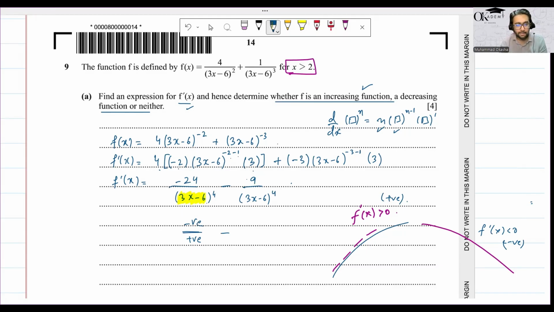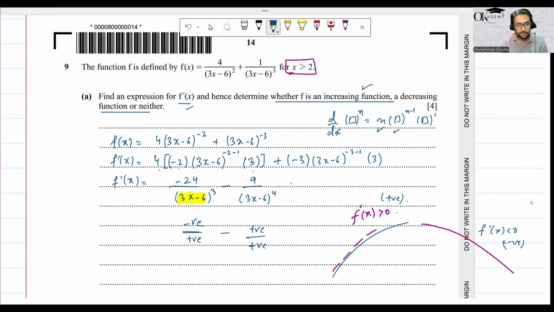Minus 9 stays on top, and 3x minus 6 is going to be positive, the same thing as the last one. So let's do some analysis.